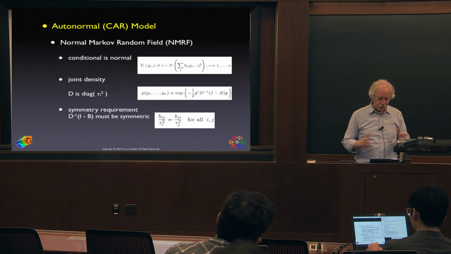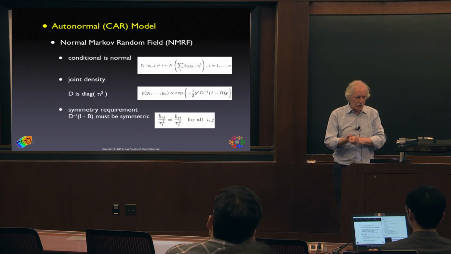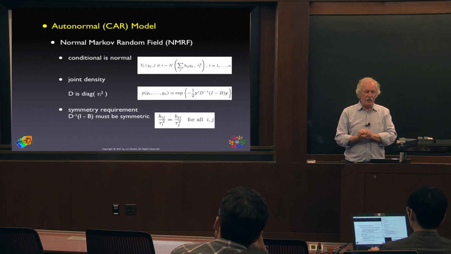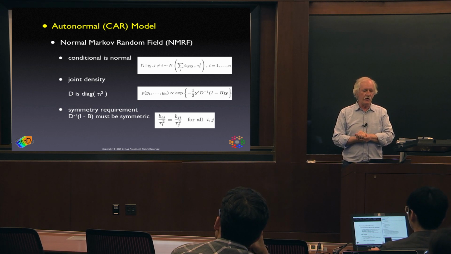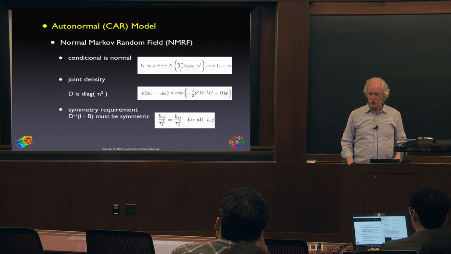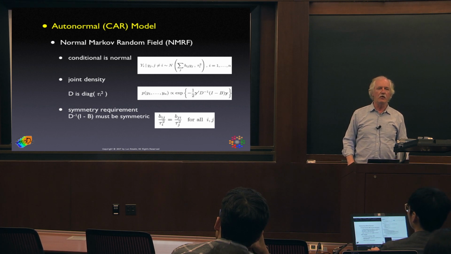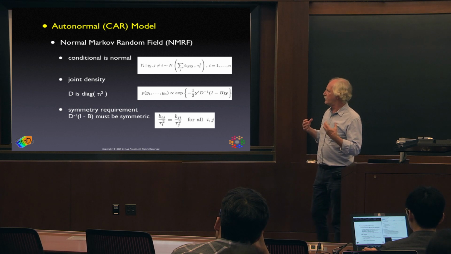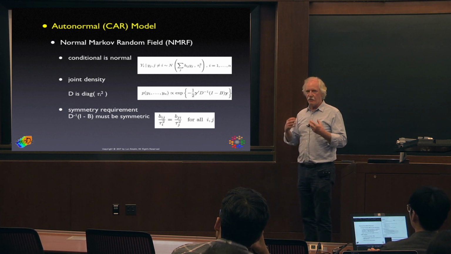So the first model is a formal model for what is called a normal Markov random field, and is actually just something that is of theoretical meaning because it's not very practical. But just to show you the kind of constraints that are involved in this.